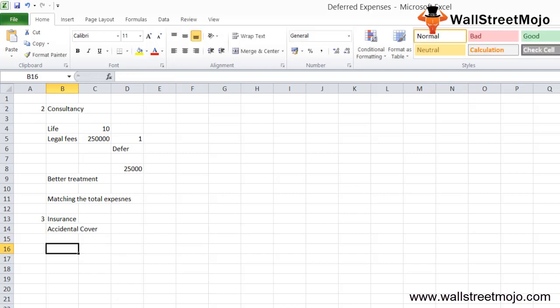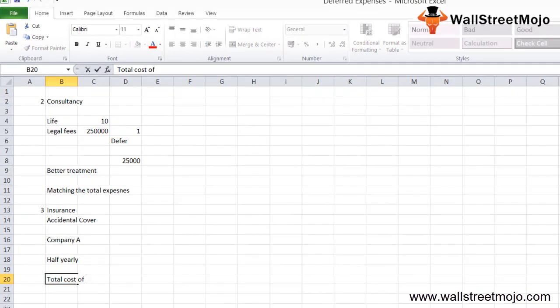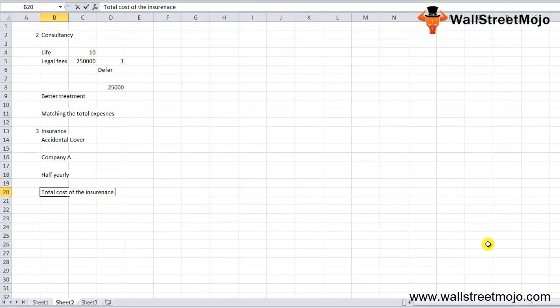So for instance, let's say there's a company A. Company A pays the insurance premium for its office building, and the premium payment is half yearly. The total cost of the insurance is, let's say, 80,000.